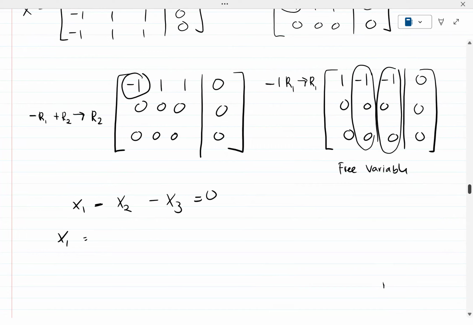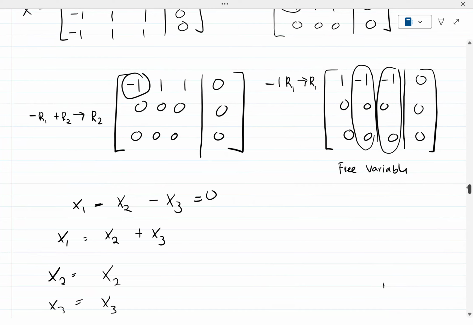So x1 equals positive x subscript 2 plus positive x subscript 3. And to solve for x2, we subtract x1, add x3, and divide by negative 1. So you just get x subscript 2. And then x subscript 3 is just x subscript 3.